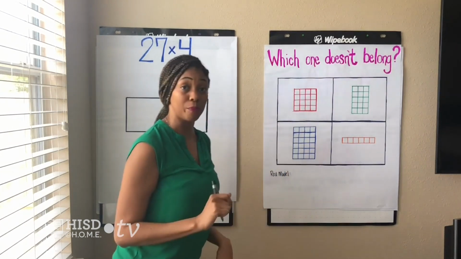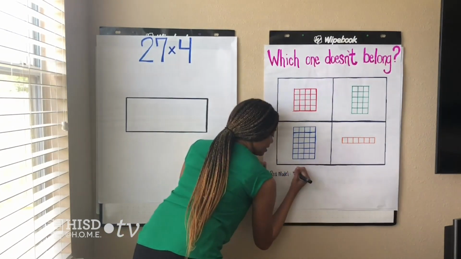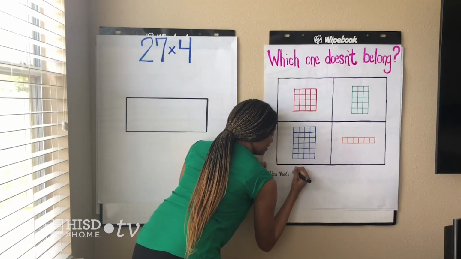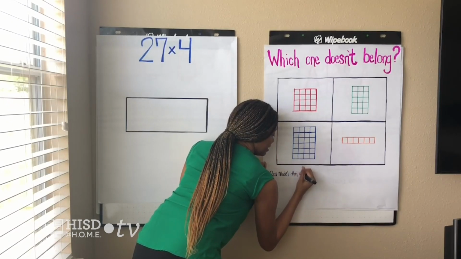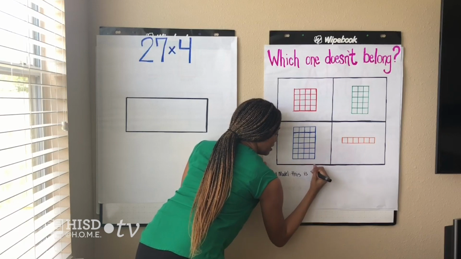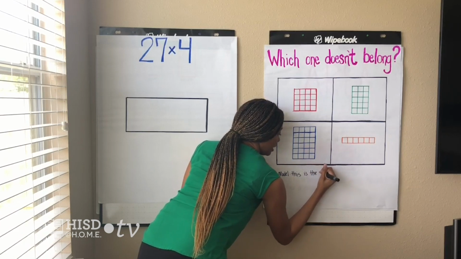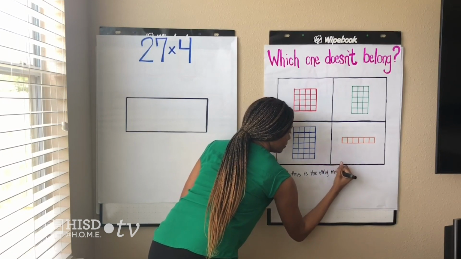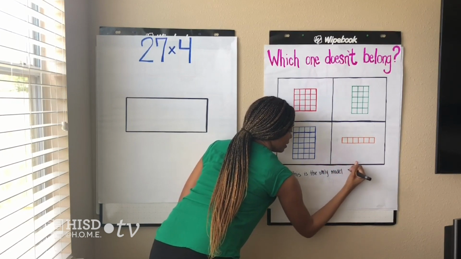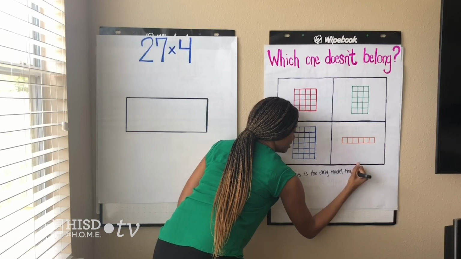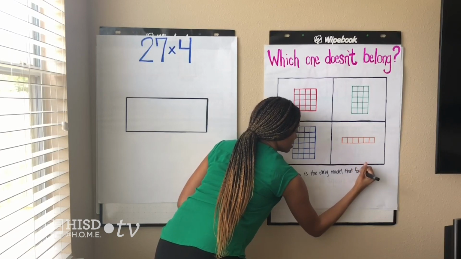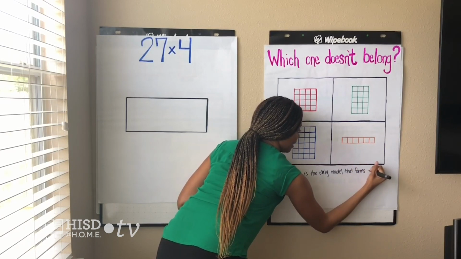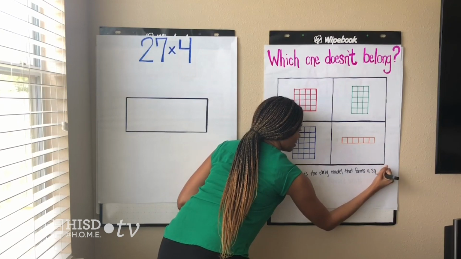is the one that doesn't belong because this is the only model that forms a square.